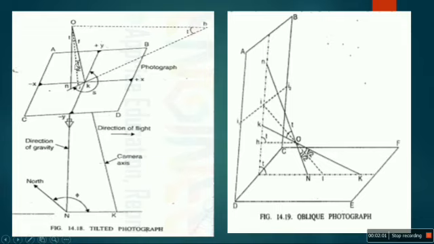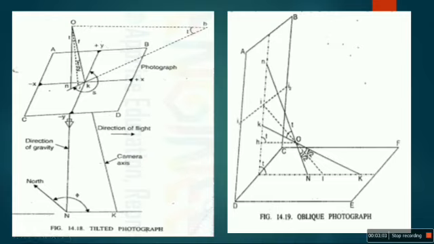Whatever point this line touches on the photograph is called the nadir point. The N is the nadir point. Similarly, where this plumb line touches the ground, this point is called the ground nadir point.